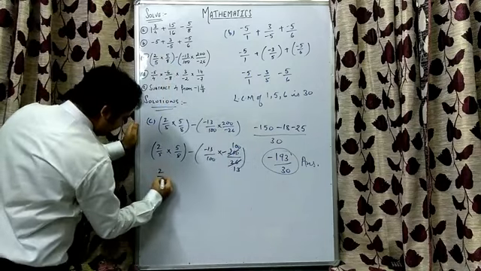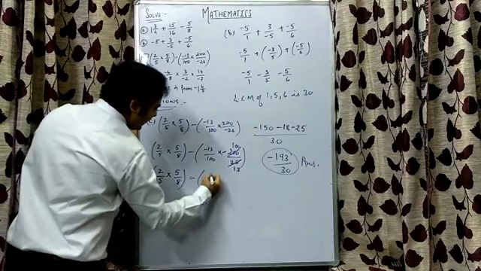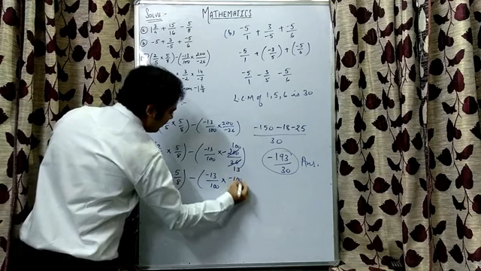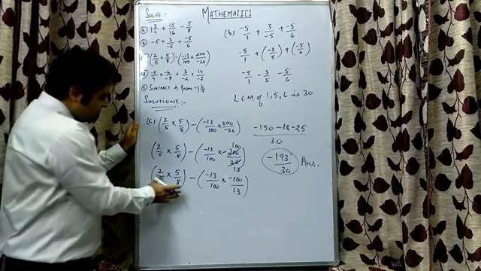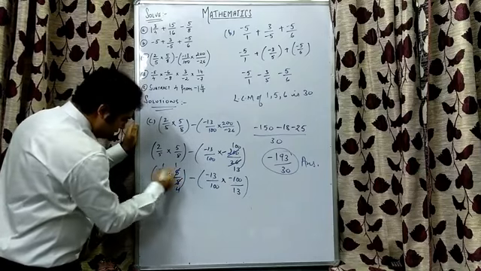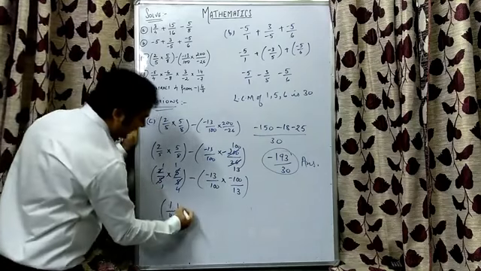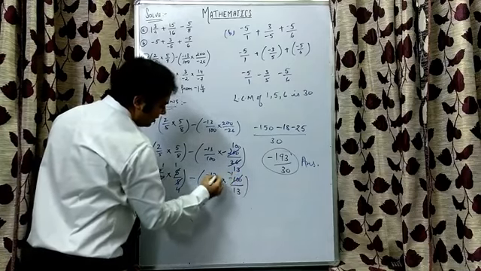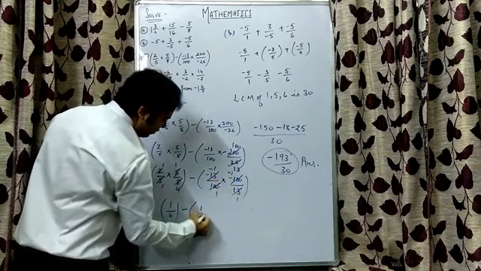So 2 by 5 into 5 by 8 minus 13 by 100 into minus 100 by 13, right? First, according to BODMAS, bracket is solved. So 5 1s are 5, 5 1s are 5, 2 1s are 2, 2 4s are 8. So 1 ones are 1, 1 fours are 4, 1 by 4 is left in first bracket, minus 100 ones are 100, 13 ones are 13, minus 1 into minus 1 is 1 by 1.